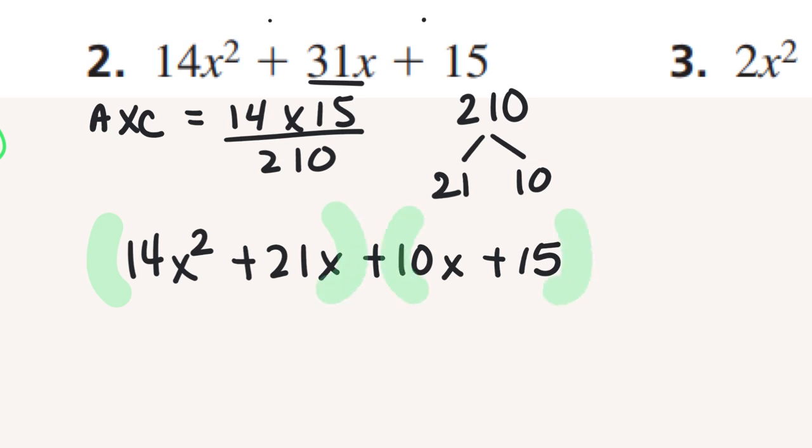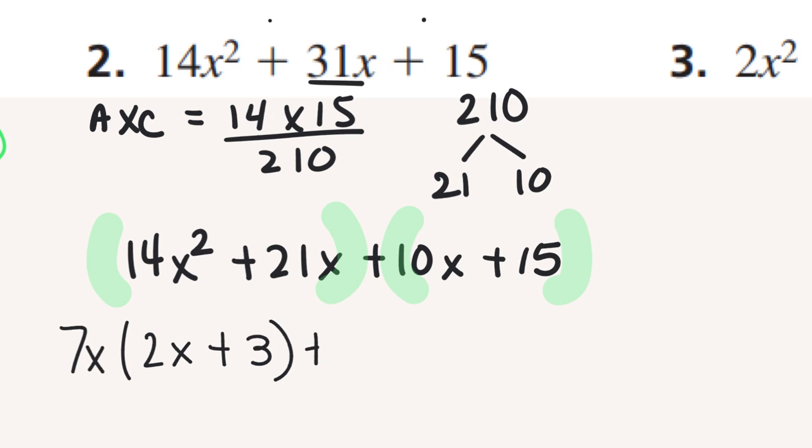Mind you, even if I were to write down 10x first and then 21x, you're still going to be able to factor everything correctly. It just depends which way you write it. It's perfectly fine. You're going to factor out the same thing. And this first one, I could factor out 7x. Why do I keep doing this? 7x times 2x plus 3.